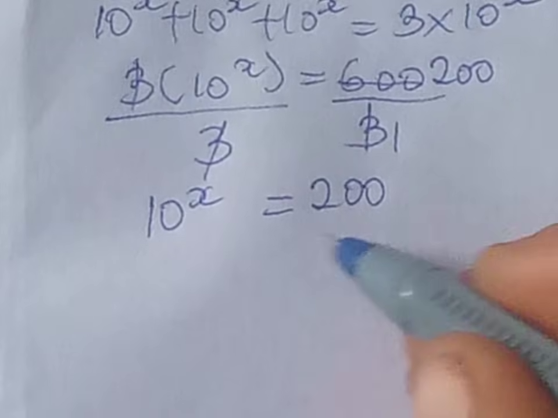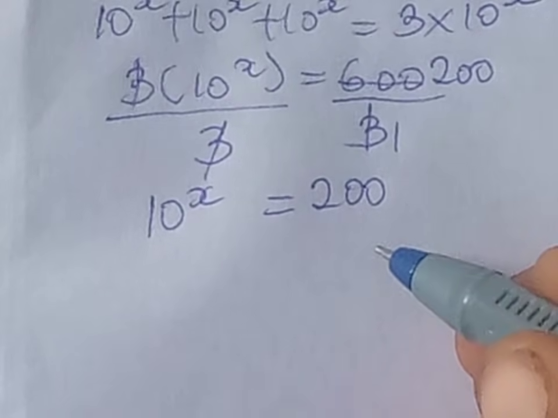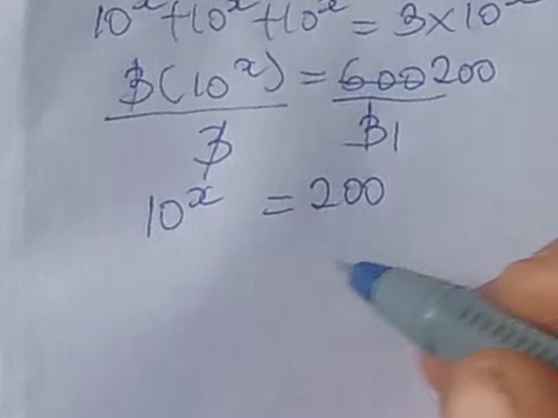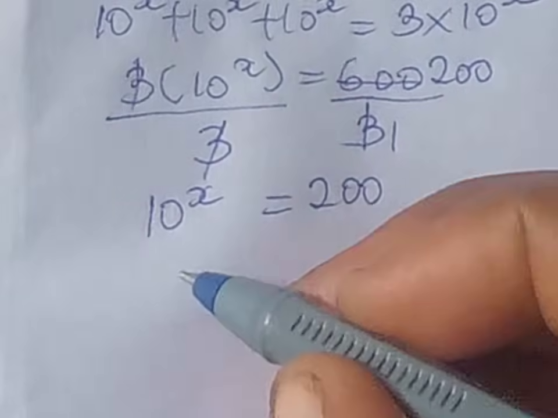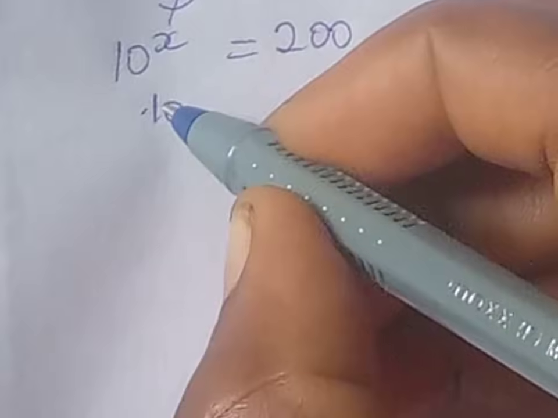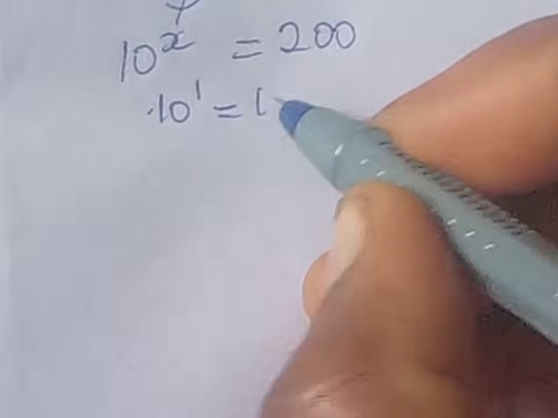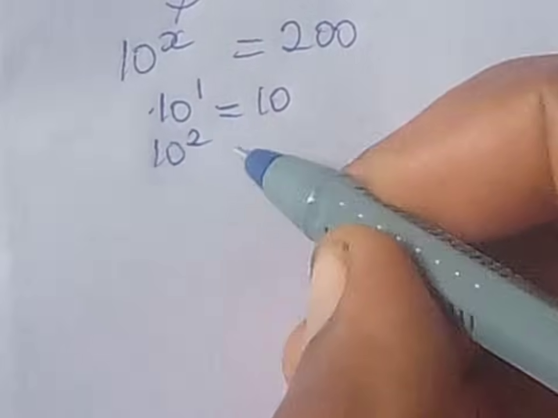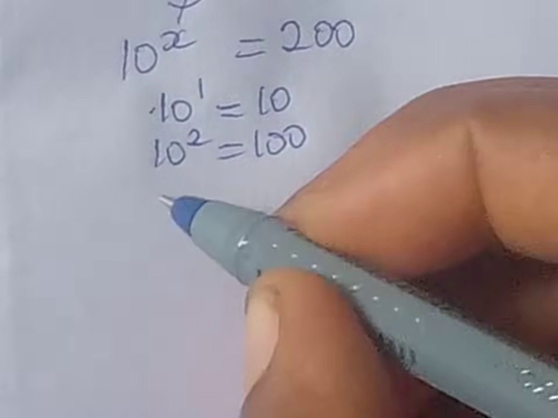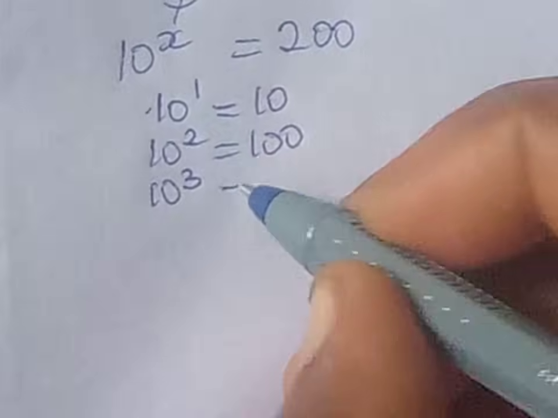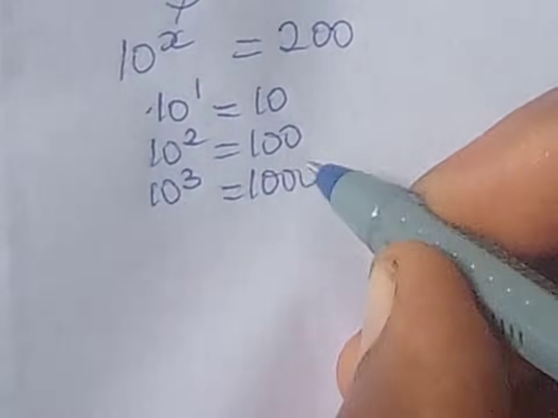This is a standard exponential equation. The next thing is, let's compare the powers of 10. That is, 10 raised to the power 1 will give us 10, 10 raised to the power 2 will give us 100, and 10 raised to the power 3 will give us 1000.